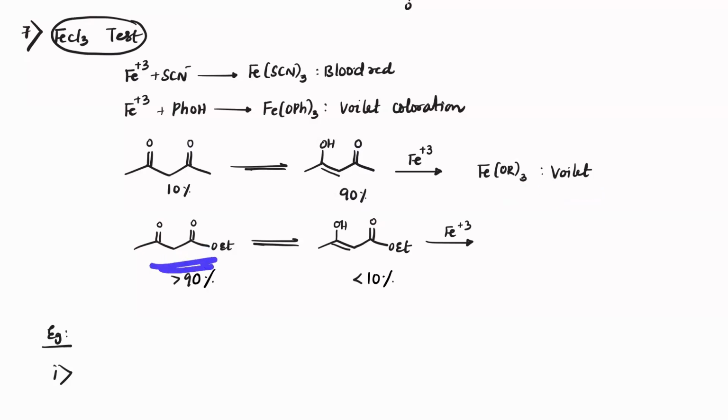While with beta keto esters, there will be some amount of enol content, which will also give you some colored complexes. But this is not as good as that of beta diketones or beta dialdehydes. But still, you will see some color formation observed with Fe plus 3.